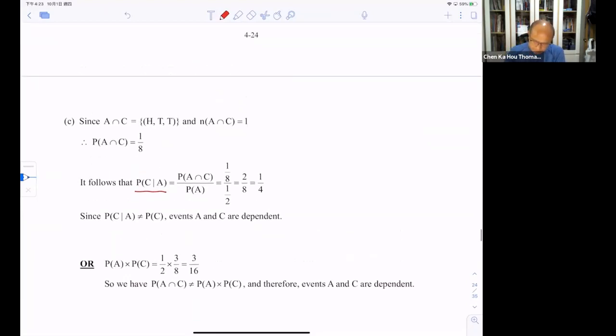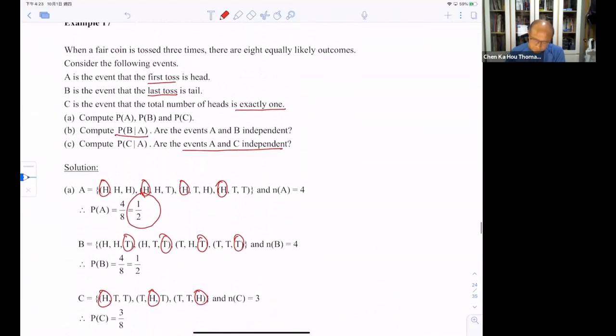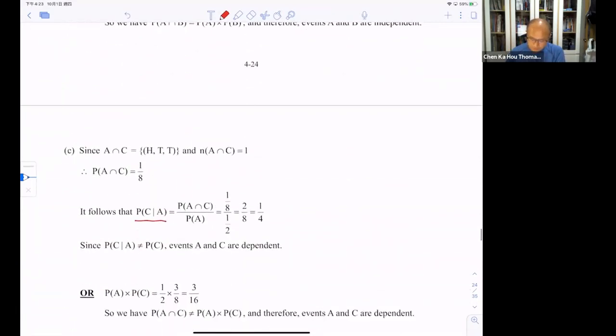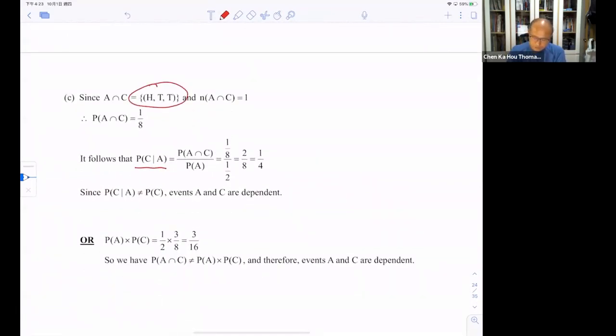A is the first toss is head, and C is the total number of heads is exactly 1. So the pattern is HTT. There are 8 events, only one event belongs to A intersect C, so it's 1 over 8 over 1 over 2. So you find it is 1 over 4. 1 over 4 is different from 3 over 8. So we prove that they are not independent, they are dependent.